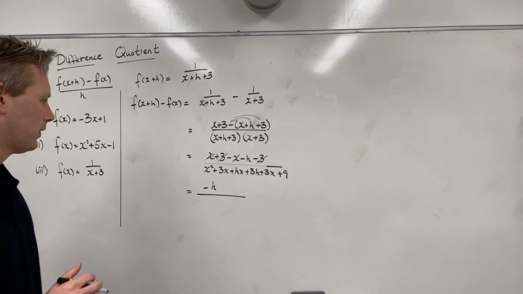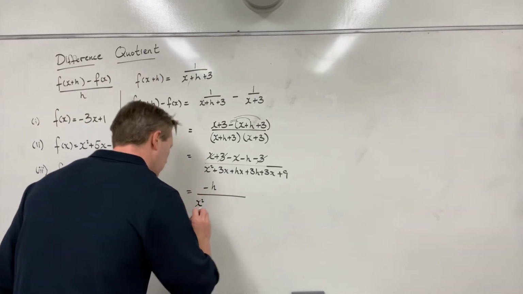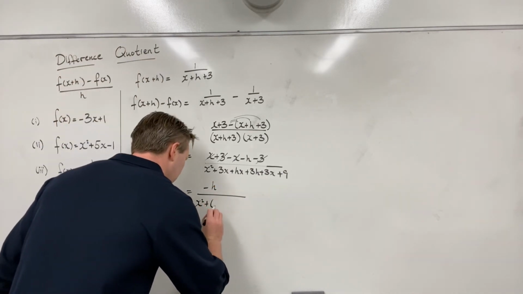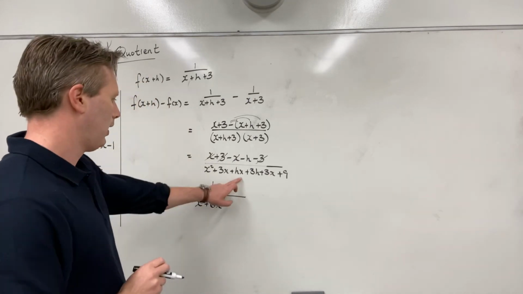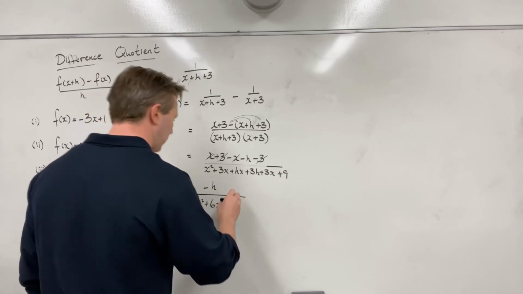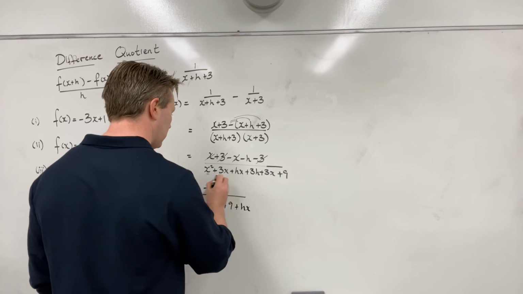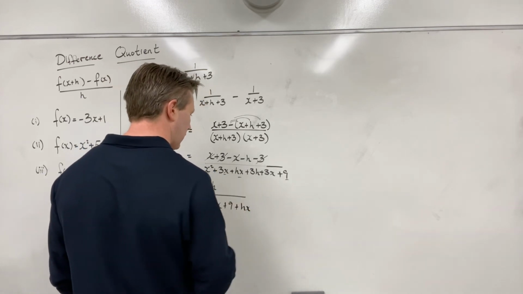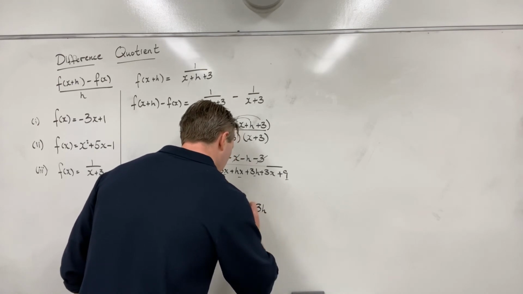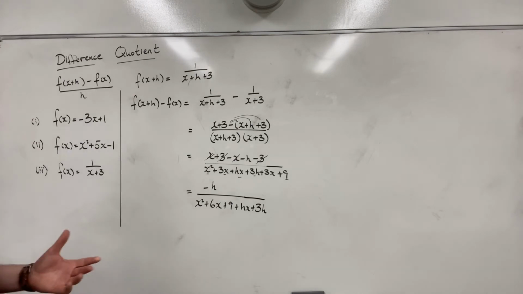Down here, I have 1 x squared term, I have plus 3x plus 3x, that's plus 6x, I have a plus 9, I have plus hx, and I have plus 3h. Those are all my terms, and that's what I'm left with.